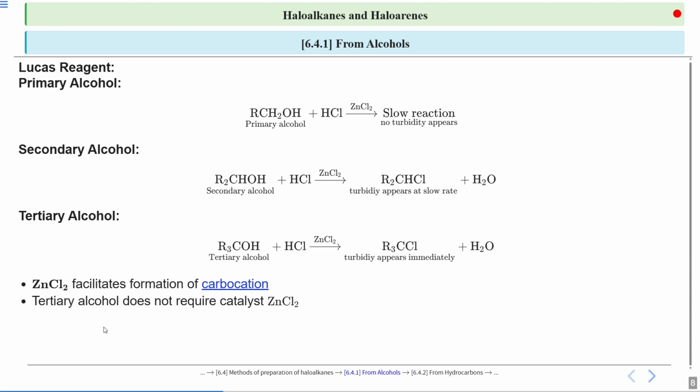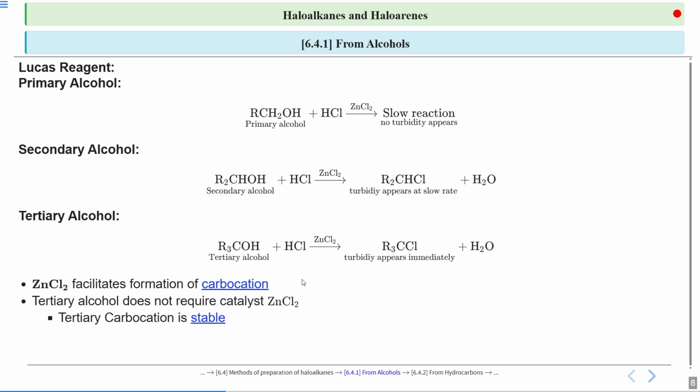The tertiary carbocation is very stable, compared to the primary and secondary carbocations. So when tertiary alcohol reacts with hydrogen chloride, you don't need zinc chloride, because this reaction can happen just by shaking the alcohol with concentrated HCl.